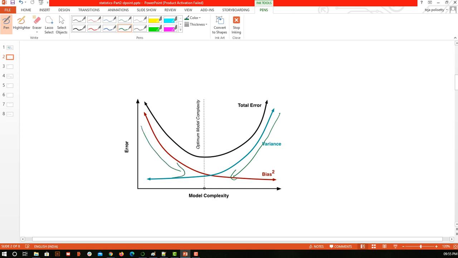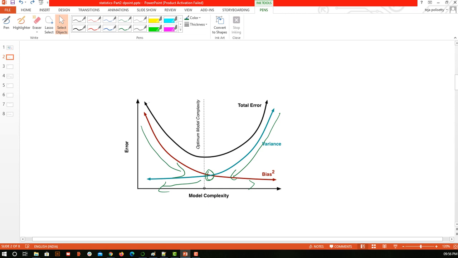But once you reach a threshold point, after this point, if you try to decrease your variance or your bias, it will decrease, but it will lead to an increase in the total error. If you see this graph, this black line is our total error. You can see that as the variance or bias decreases, the error also decreases.